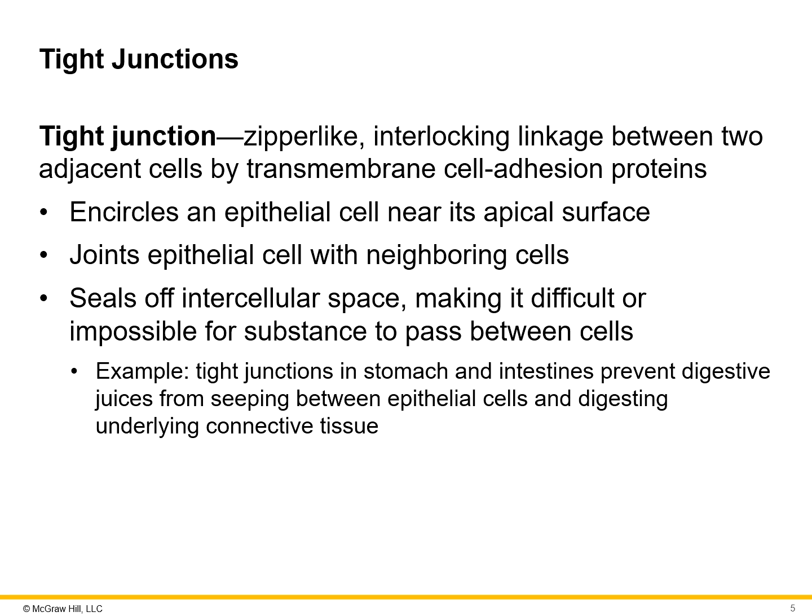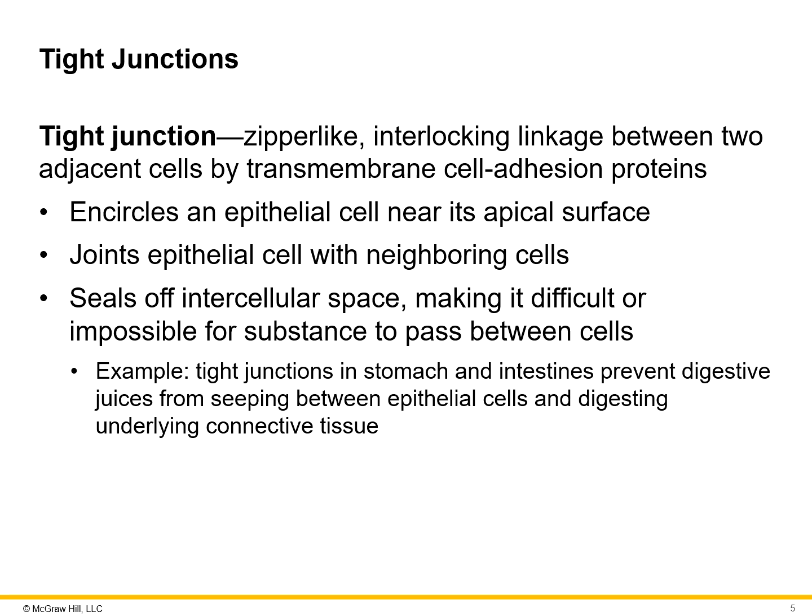They also join epithelial cells with neighboring cells. And by this interlocking link, it will actually seal off intercellular space, making it really difficult or almost impossible for substances to pass through it and go in between those 2 cells.